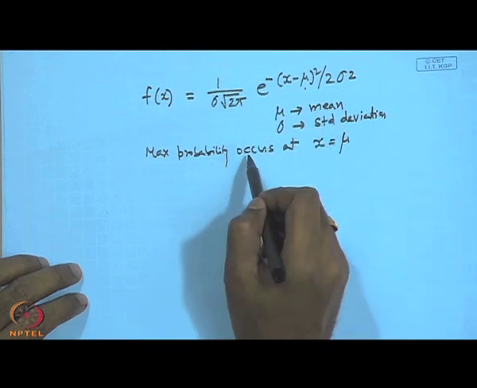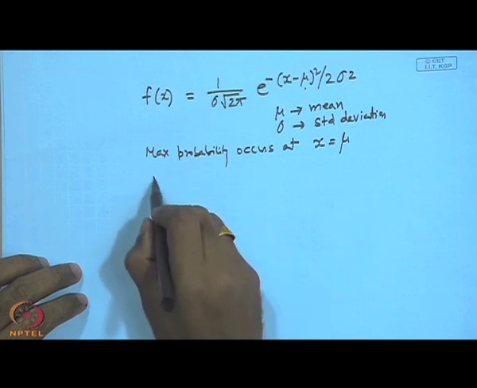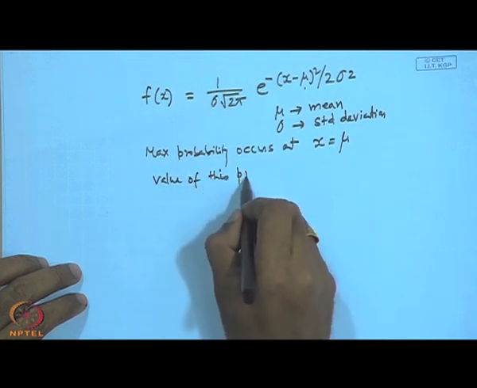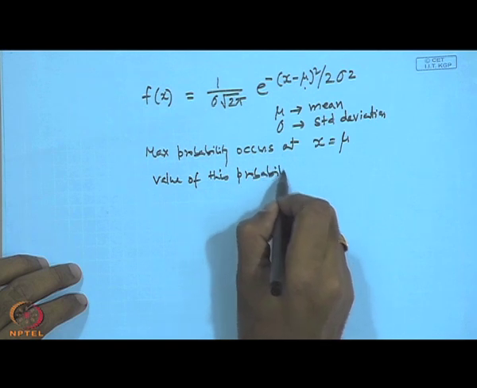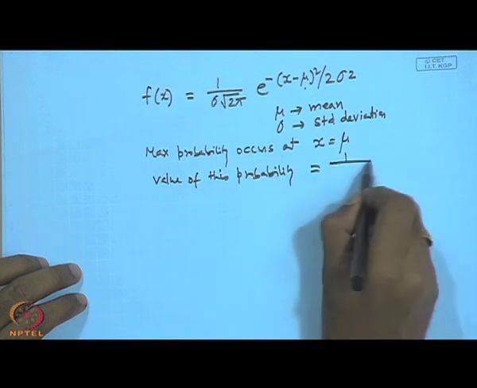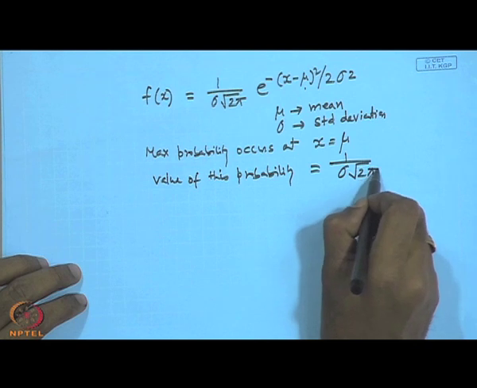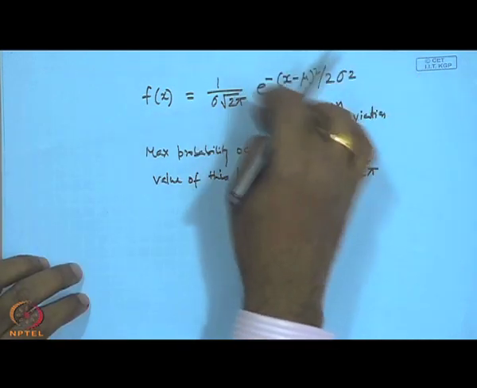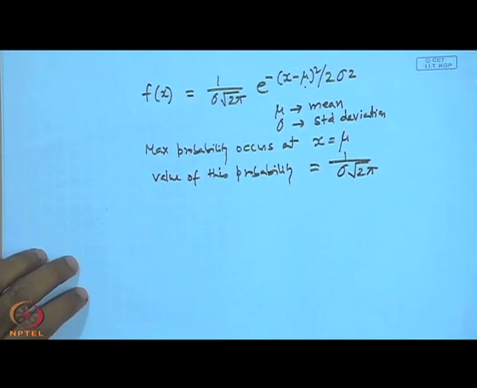The value of this probability will be one by sigma square root of 2 pi, because this entire exponential value will be equal to 1.